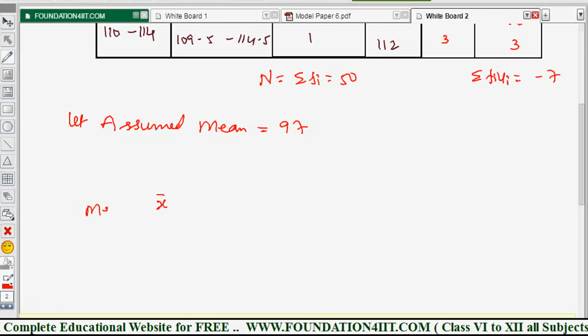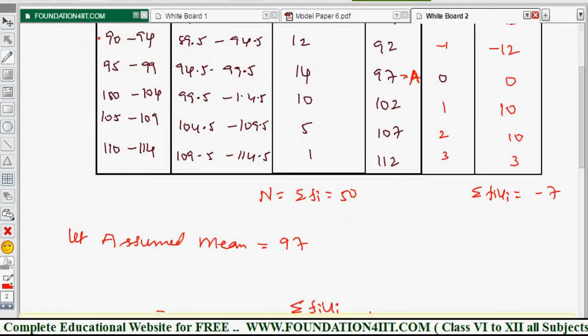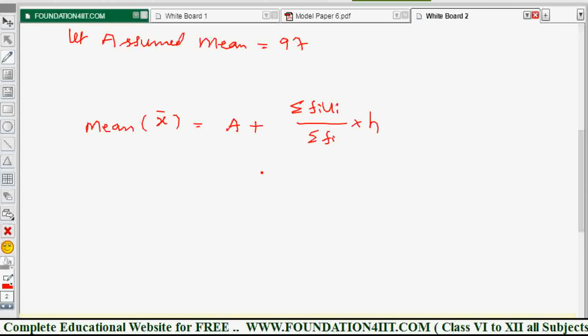Mean is equal to a plus sigma Fi Ui by sigma Fi into h. h is the class size, that is 5. The class size is the gap between 90 to 95, 95 to 100. The gap is 5, right? Class size h.